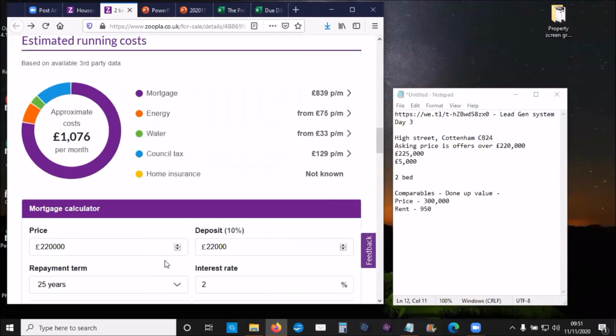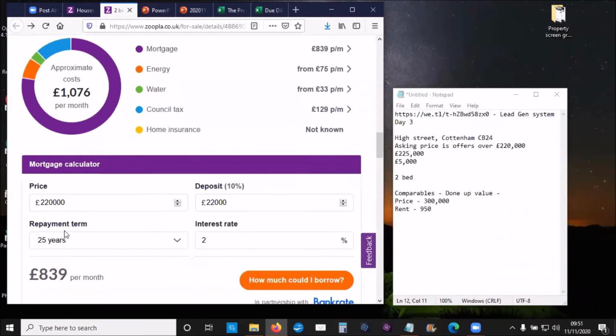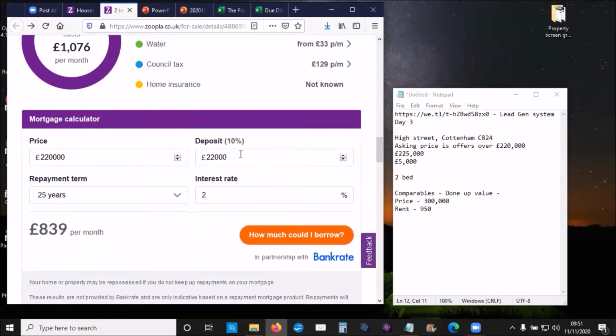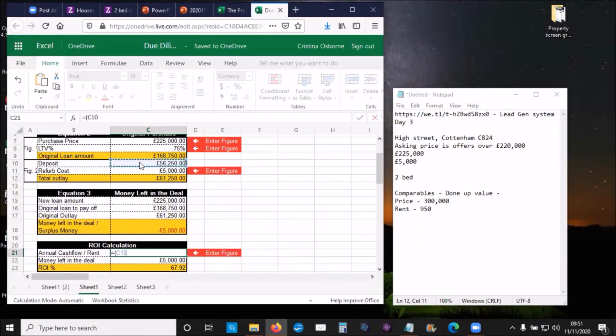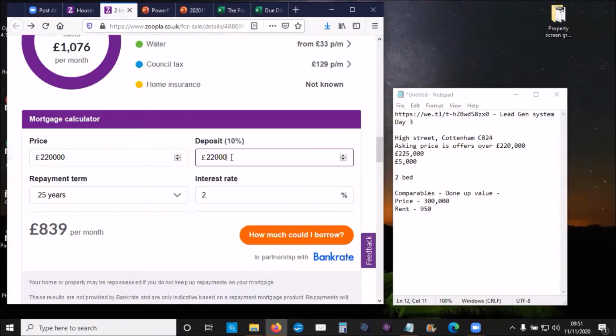Okay, approximate costs per month. So price, interest rate, deposit. What did we say the deposit was? 56,250.